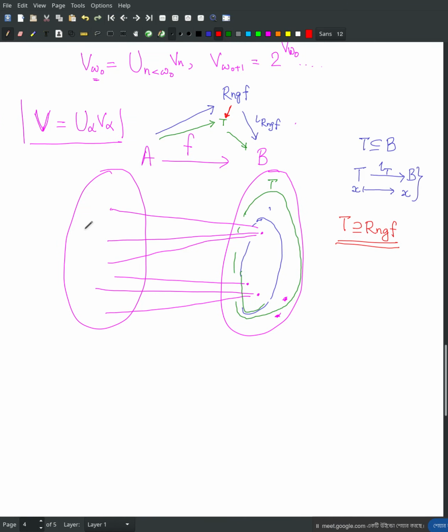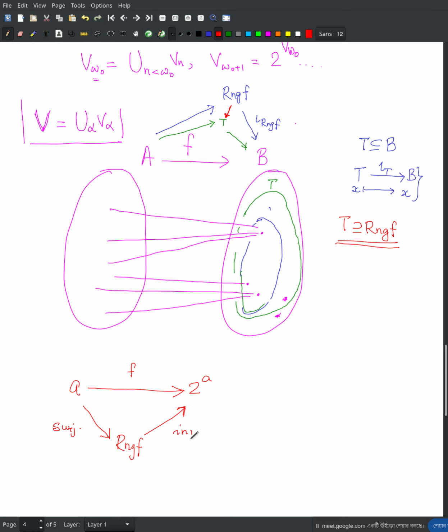So if you take any function f, from this factorization there is this range which is the smallest, and that gives exactly a surjective function, right? And this is an injective function. Okay?